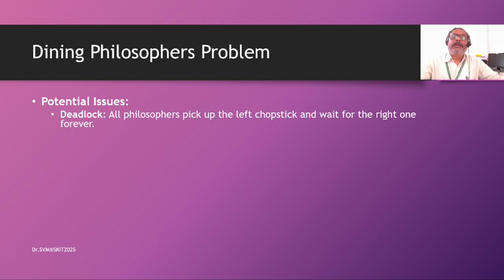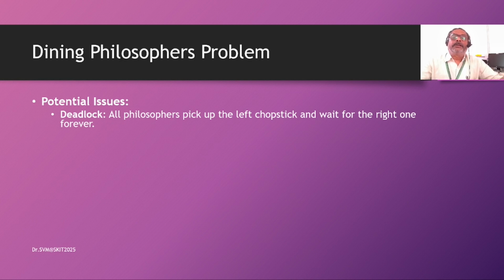The right chopstick of this philosopher has already been taken by the philosopher sitting to the right, because the right chopstick of this philosopher happens to be the left chopstick of the right person.